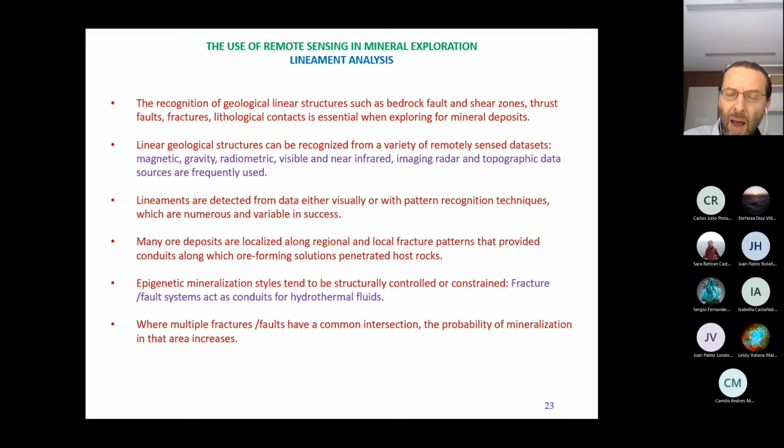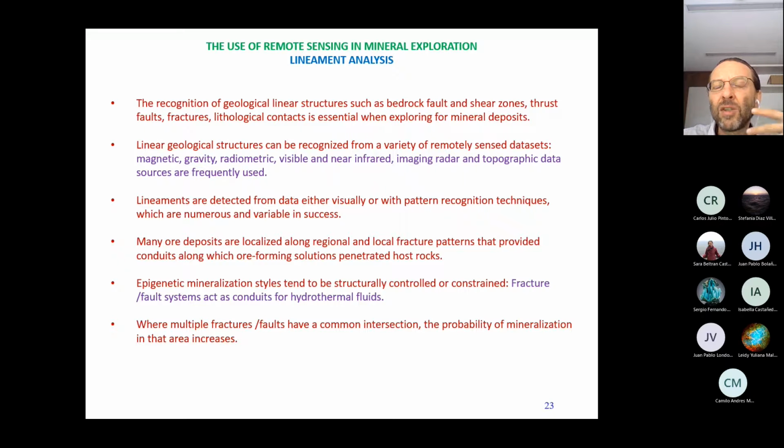So what happens is we map these lineaments, and then we use a certain way of calculating the density of lineaments in a certain unit area. So we get a map of the density of these lineaments. Now, if you have a higher density, you have more intersections between lineaments.